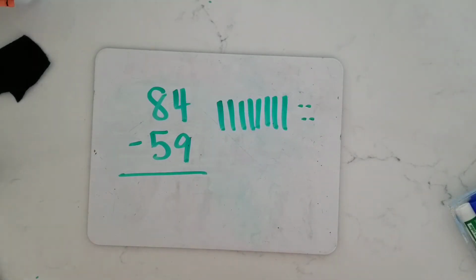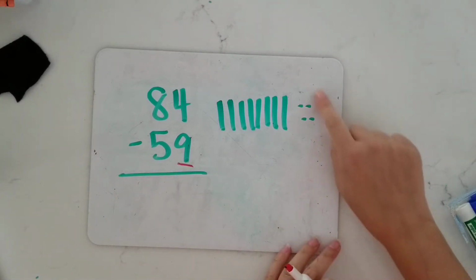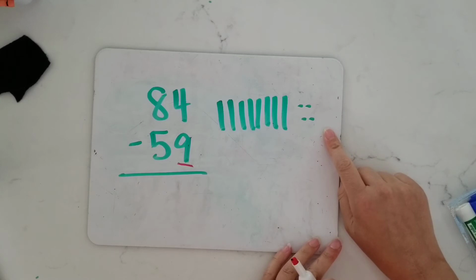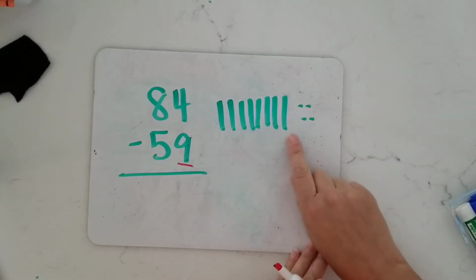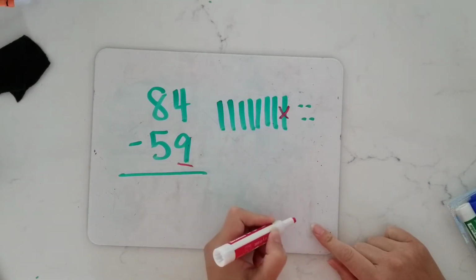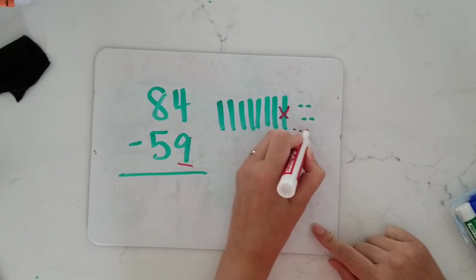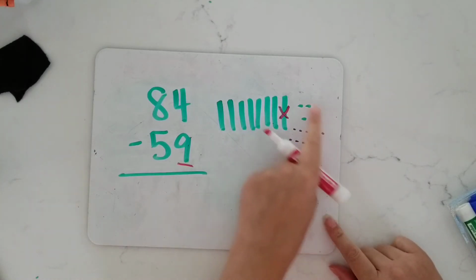Then to take away 59, I'm going to start with my 1s place. Well, it's not easy to take away 9 ones right now because I only have 4 ones, but you know that all of these are 10s, so I can just break one apart. So I'm going to take one of those 10s and turn it into 1, 2, 3, 4, 5, 6, 7, 8, 9, 10 ones. I still have 84.